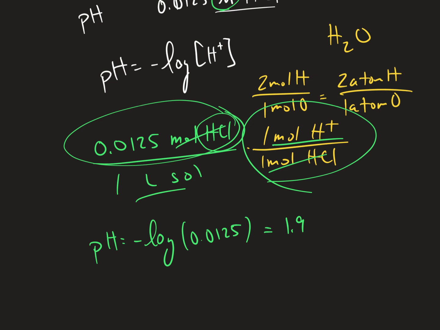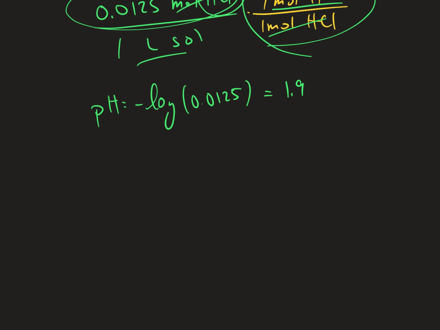What if we had 0.0125 moles of H2SO4 and we wanted to find the pH? Is it a 1-to-1 ratio?